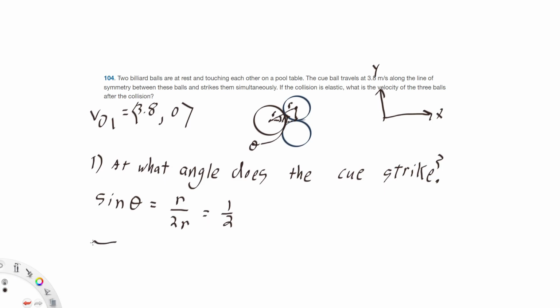And that implies that theta is pi over 6. Good job. So that's the angle. We'll write it as pi over 6, but I would also have accepted 30 degrees.